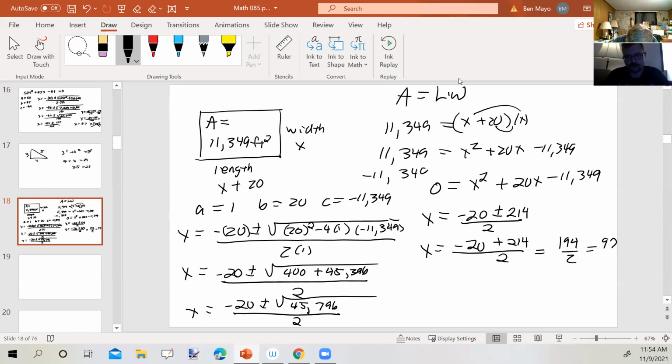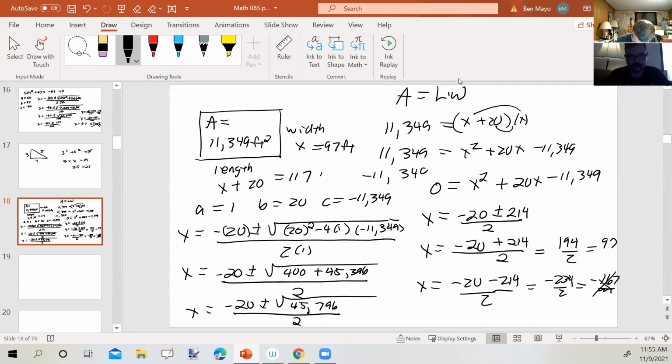And then we've got X is negative 20 minus 214 over 2, which is negative 234 over 2, which is negative 117. Oops, negative 117. So again, we're dealing with a distance, so it can't be negative. So this is 97 feet, and this is 117 feet. So the width, 97 feet, the length, 117 feet.